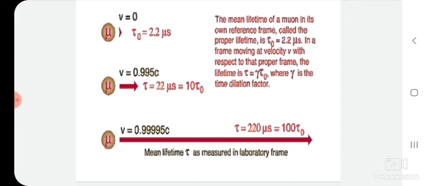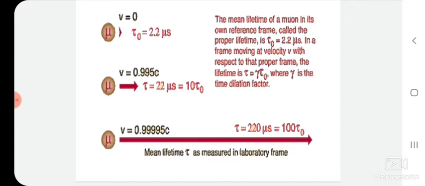Then if v is equal to 0, at that time the change in time is 0 and the time is equal to the proper time, 2.2 microsecond.